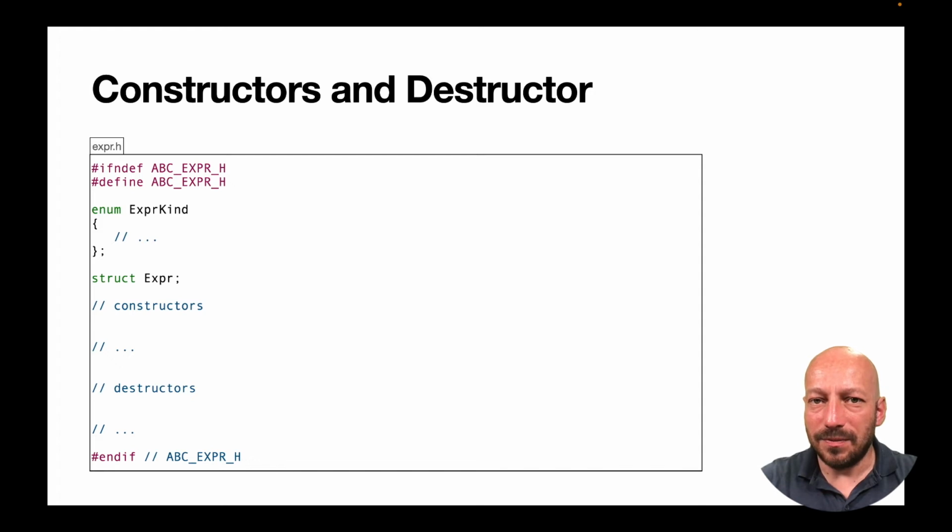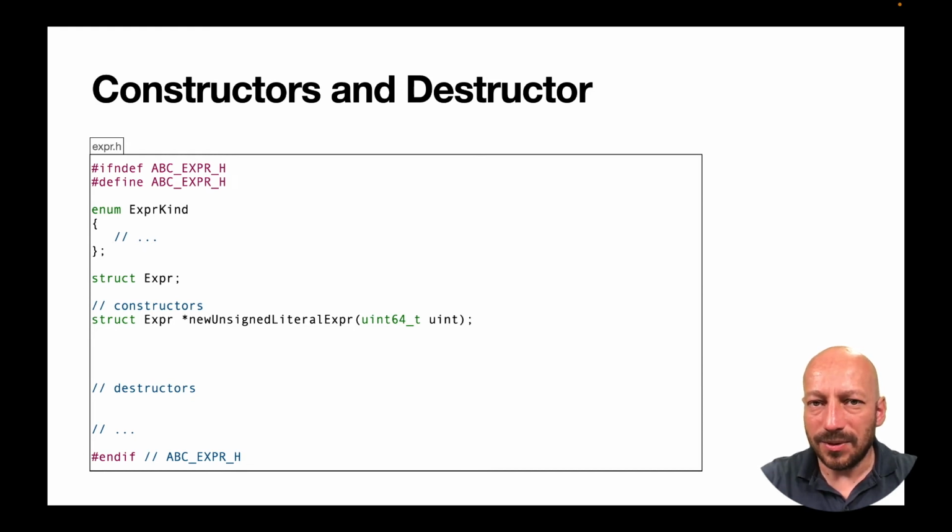The constructors will allocate memory for a new expression node. That means the constructors also deal with the error handling for allocating memory. And you will actually see there will be one private constructor, a constructor that is only defined and declared in the source file as a static function, which is actually the only place where we call malloc and the only place where we have to do this error handling.